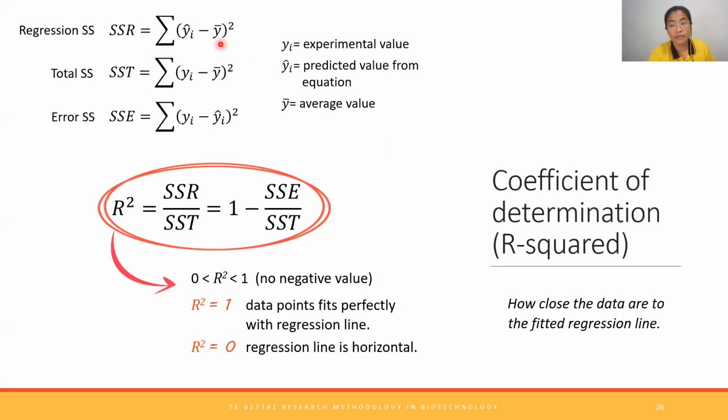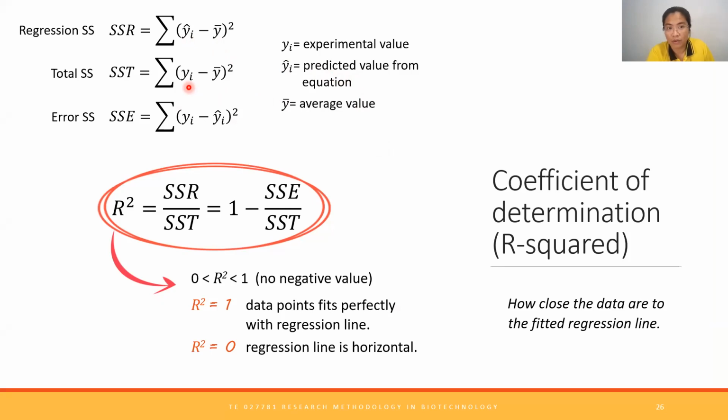Whenever you see a letter with a bar on top in a formula, most of the time it is the average value. Y with a little hat is the predicted value from the equation, which we covered earlier.